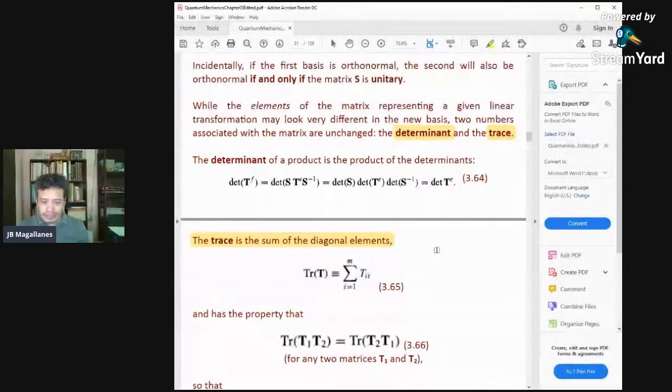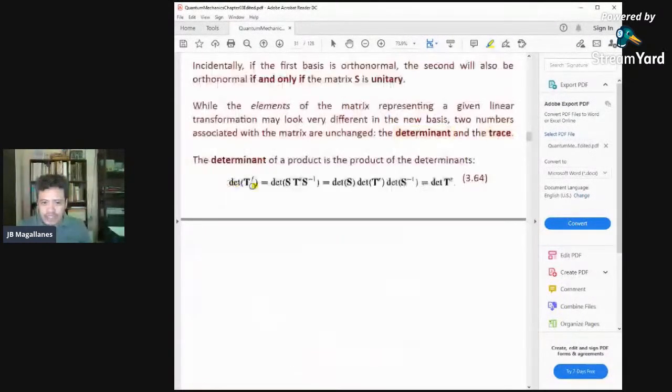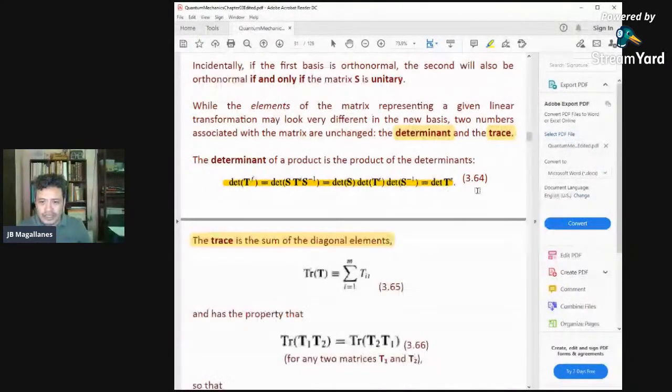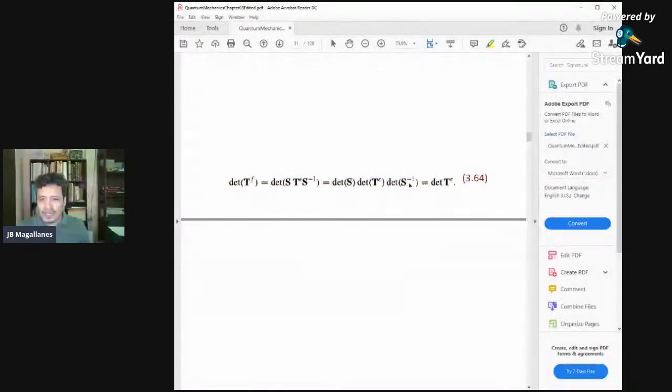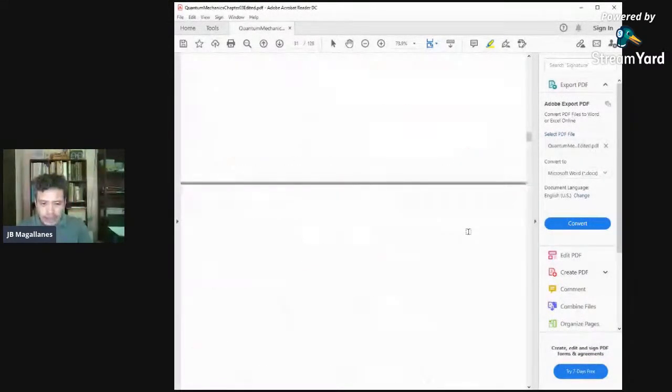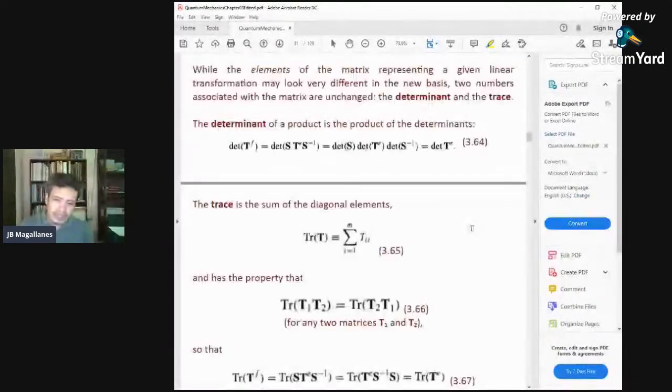And now, this statement is just to show that the determinant of the matrix in the basis E and the basis F are the same. This is just the proof of that. Of course, you just have to remember the determinant is constant in a matrix from one basis to another basis.